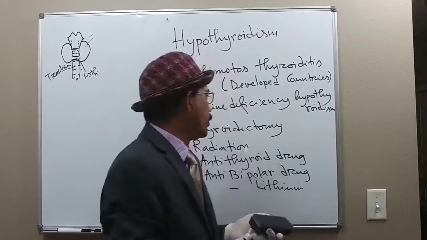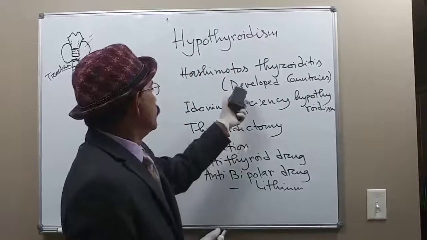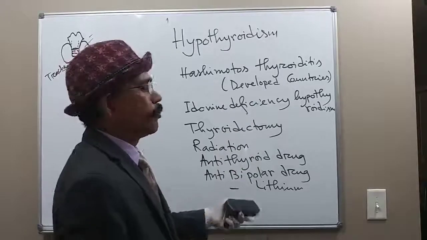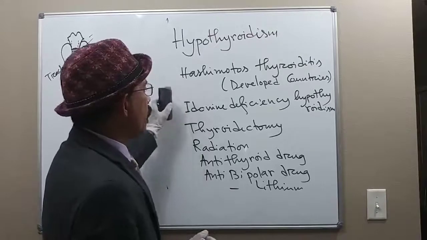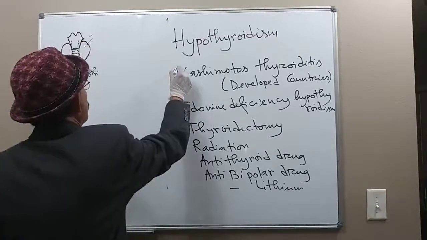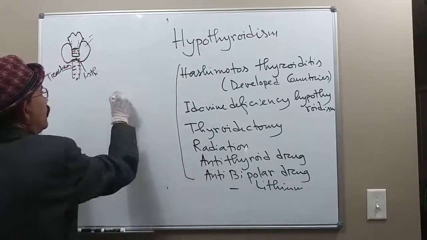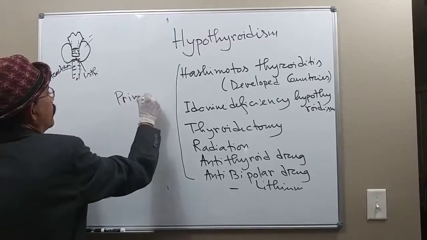So there are many reasons for hypothyroidism due to deficient production of T3, T4 from the thyroid gland. This is called primary hypothyroidism. These are primary causes.